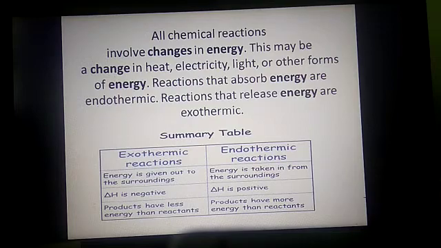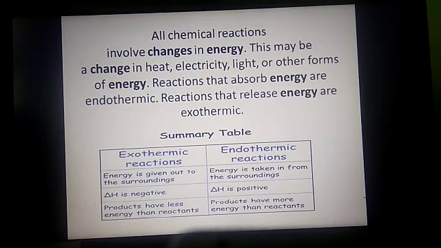Depending upon the energy of the products and reactants, reactions that absorb more energy are endothermic and reactions that release more energy are exothermic.